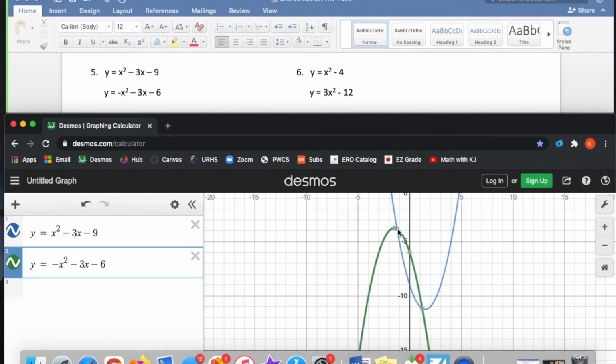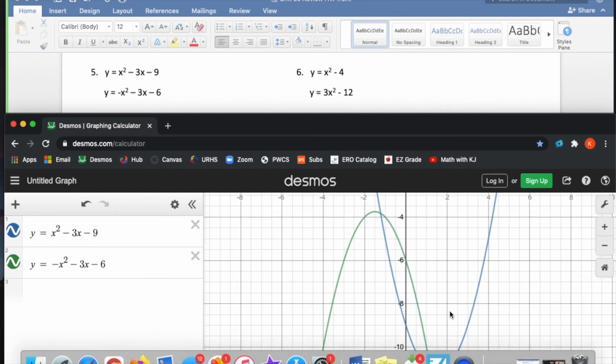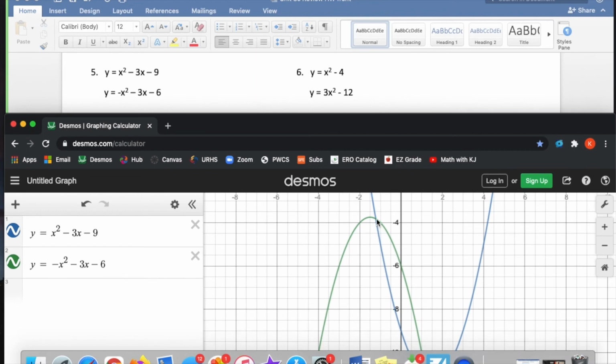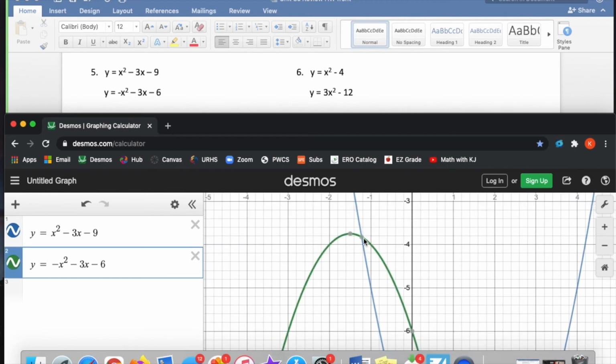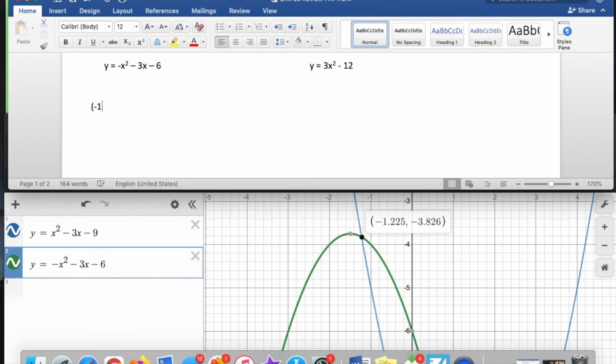All right, so I've got my two parabolas here, and again, sometimes the intersection points are whole numbers like the last ones. Sometimes they're these crazy decimals, and that happens. But again, these two points are really close to each other, so it can help to zoom in. So this first one, negative 1.225, comma, negative 3.826.